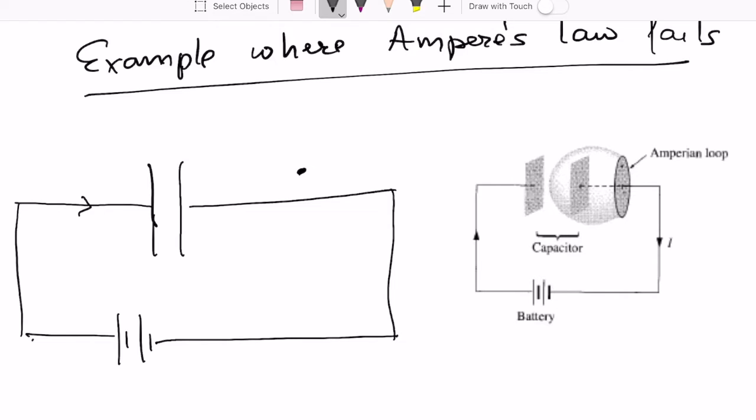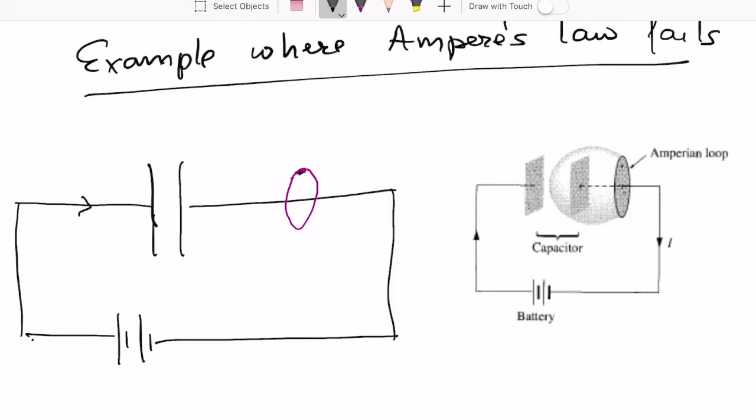So using Ampere's law, I would draw an Amperian loop surrounding the wire, right? Okay, and then I could go through the same symmetry arguments. I could say that the magnetic field lines, if the stretch of wire where we are considering the magnetic field is pretty long, then the magnetic field lines would be concentric circles.